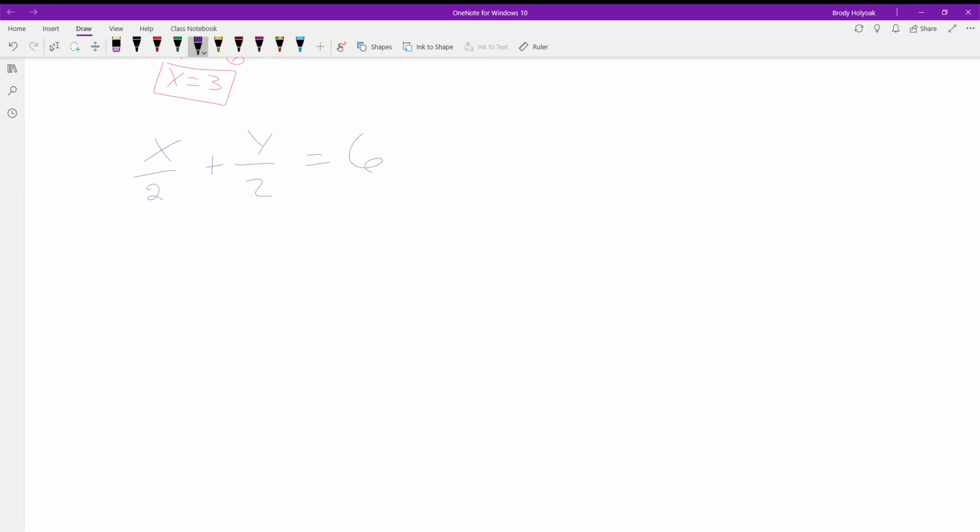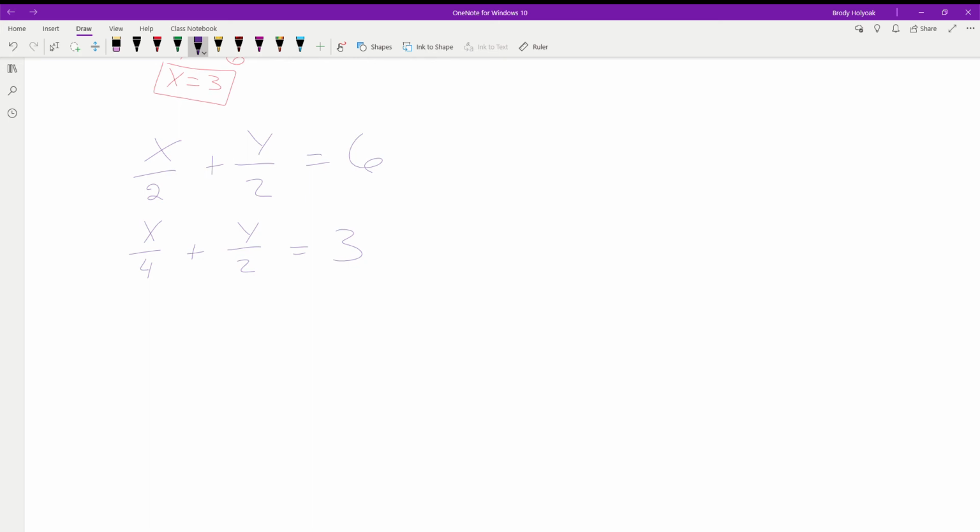So we've got x over 2 plus y over 2 equals 6, and x over 4 plus y over 2 equals 3. So now we need to remove one of the variables.